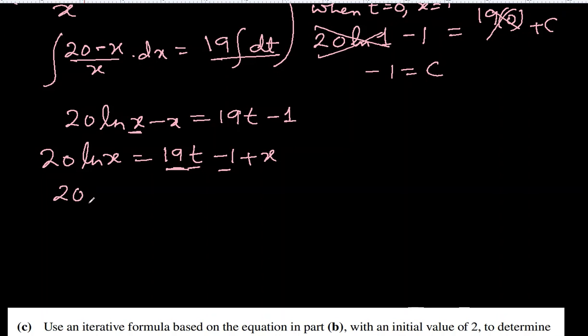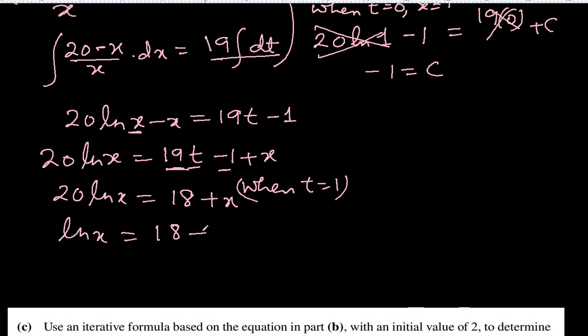So 20 ln x equal to 18 plus x when t is 1. Okay, can we do something? Yes, we can. Ln x equal to 18 plus x over 20, right? If we divide both sides by 20, this 20 goes and we are left with this one.